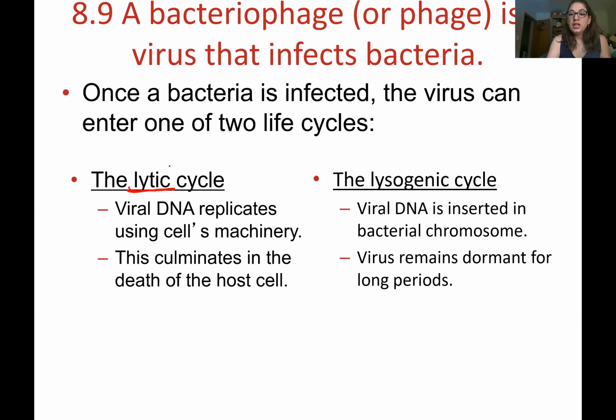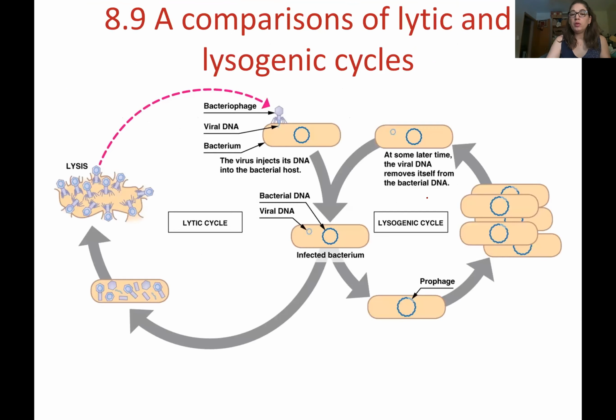The lysogenic cycle is where that viral DNA is inserted into the bacterial chromosome, and it stays there and it's replicated over time. And so you get a whole colony that have this viral DNA inserted into its chromosome. And it can be dormant for long periods of time until eventually it will re-enter that lytic cycle.